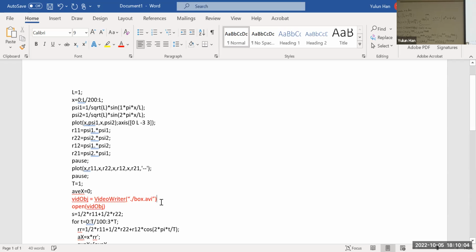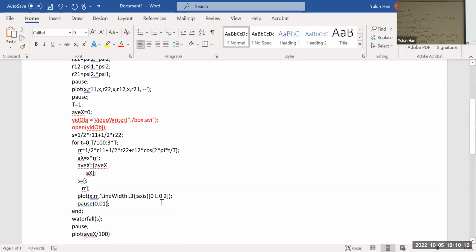Not AX equals this R. Oh, okay, then I have it mixed up, because that's what I wrote in the RR. Not the second one. You just click run.